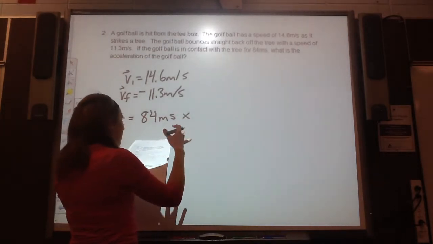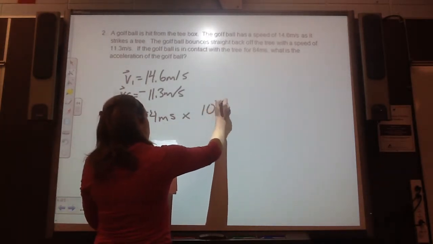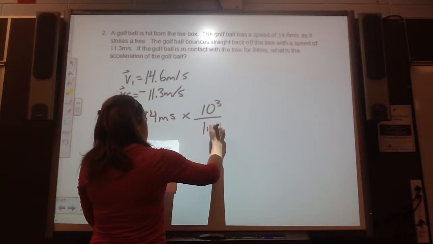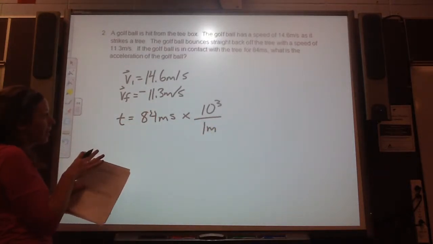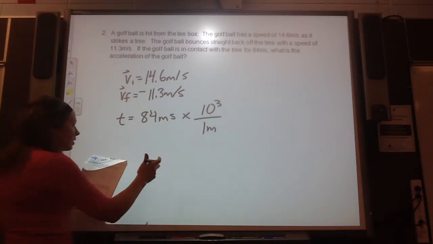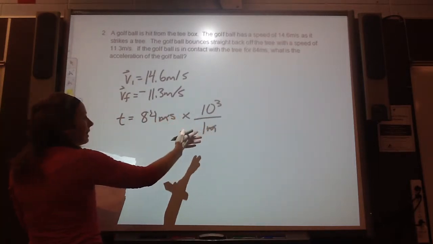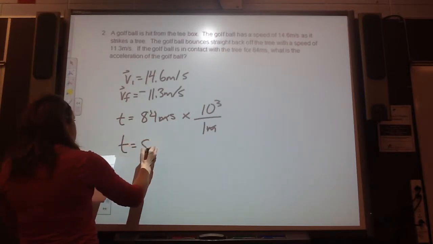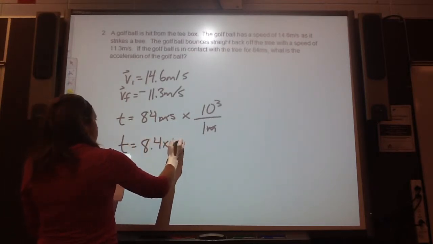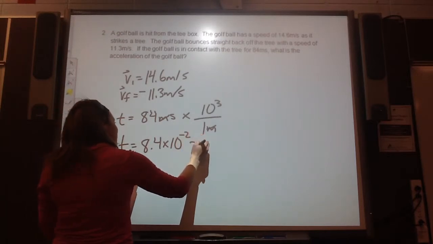So I'm going to change that into seconds. There is 10 to the 3 milliseconds in every 1 second. So I'm going to cross off the millis to be left with my seconds. So the seconds I have is 8.4 times 10 to the negative 2 seconds.